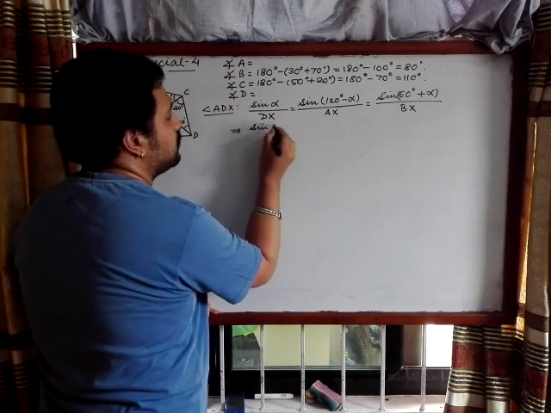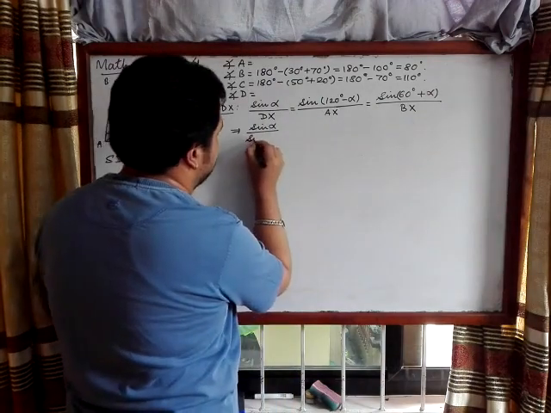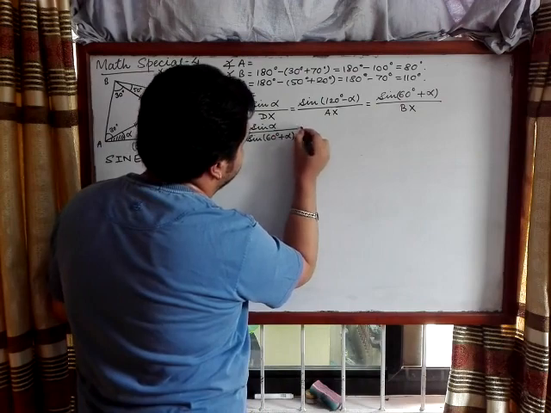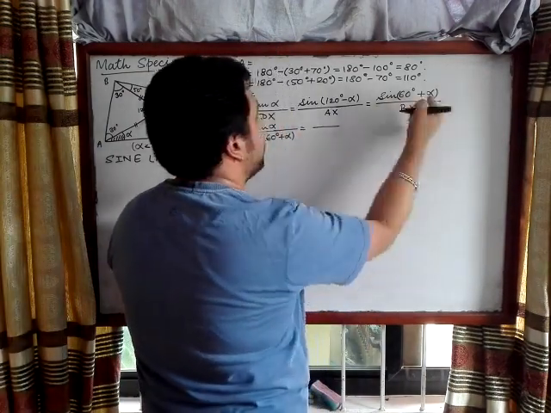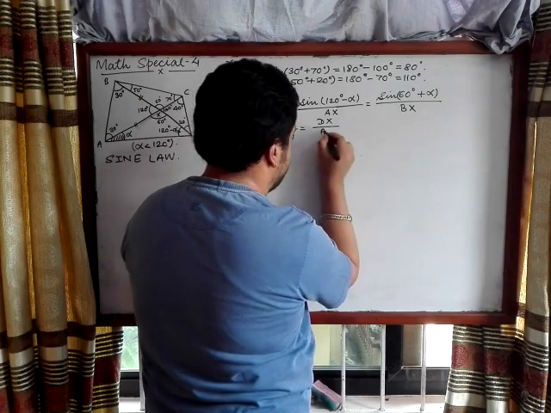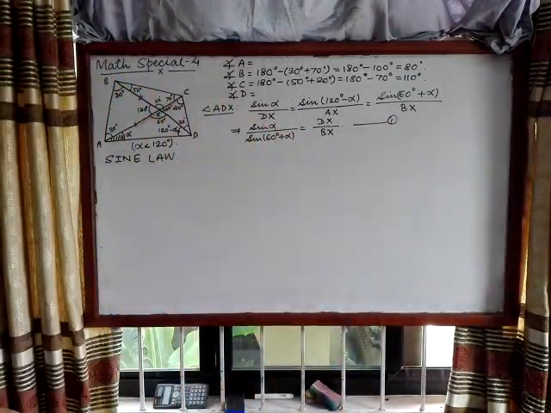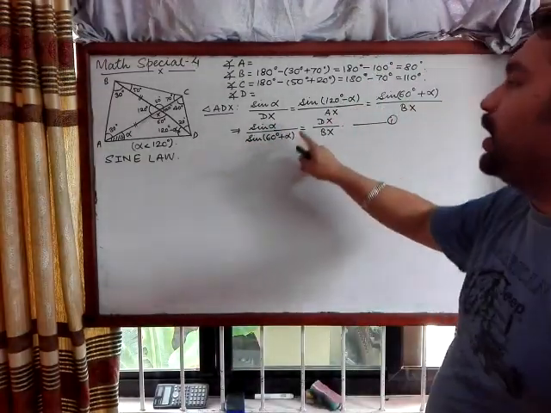Sine alpha over sine 60 degrees plus alpha is equal to DX over BX. Let's call this equation 1. Now what we do is we already have alpha over here.